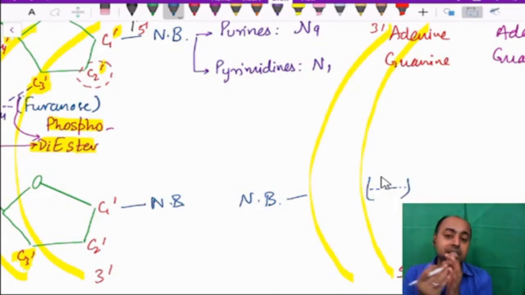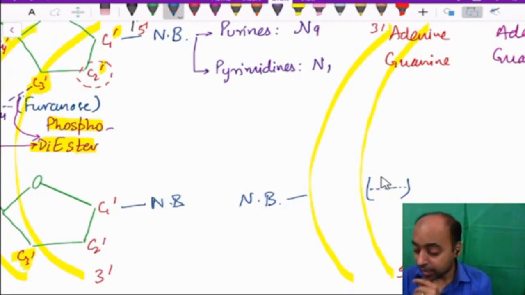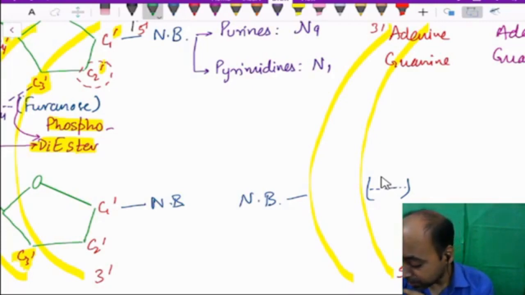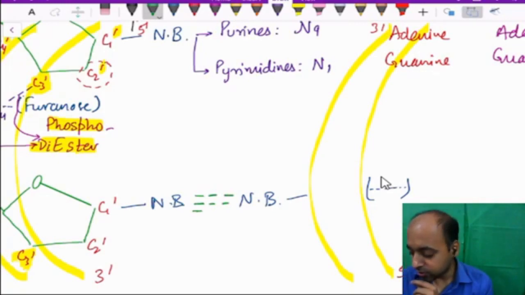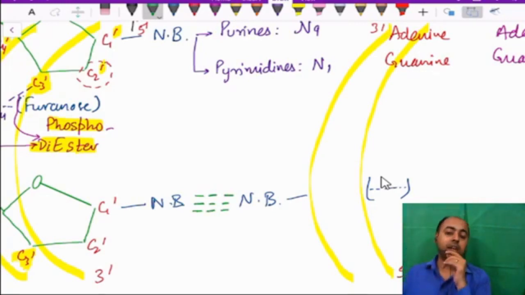So by arranging it in an anti-parallel fashion, by running it in the opposite direction from the first nucleic acid, we ensure that the nitrogenous bases have now come together, they are facing each other, and in this position they can be linked together by the weak hydrogen bonds, which may be either 2 or 3 in number. Alright, so the two nucleic acids are joined together by the weak hydrogen bonds between the nitrogenous bases.